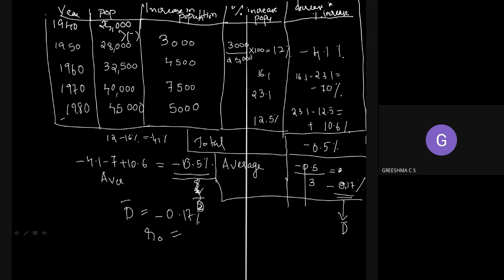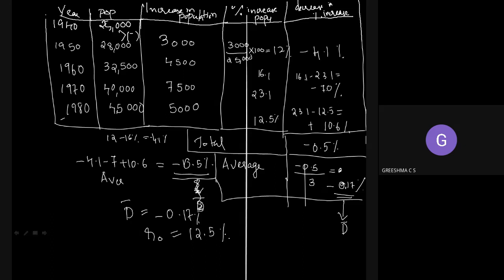So the increase rate of population in 1980 is 12.5 percentage. R0 is the increase rate of population in the last known decade. So R0 is equal to 12.5.